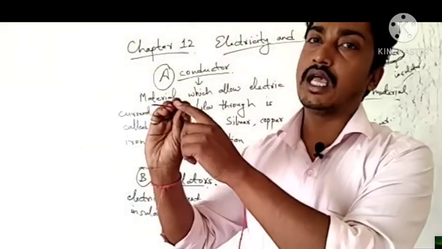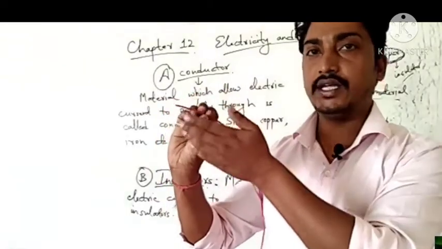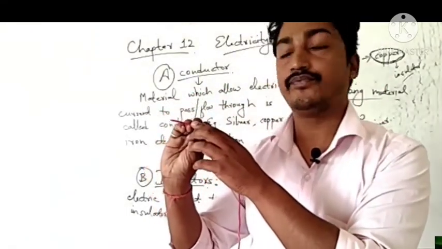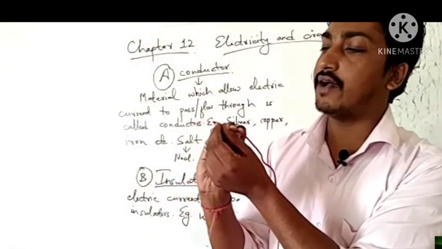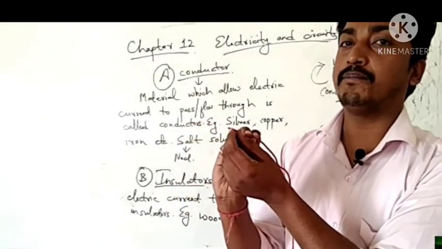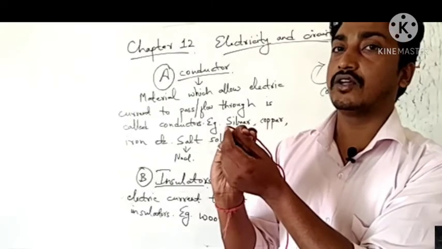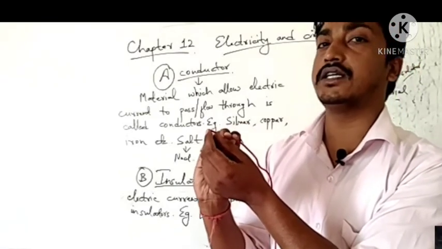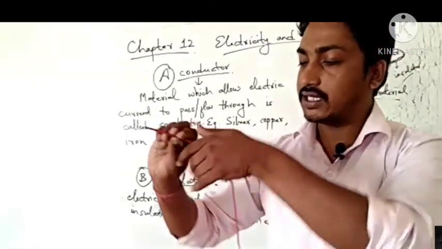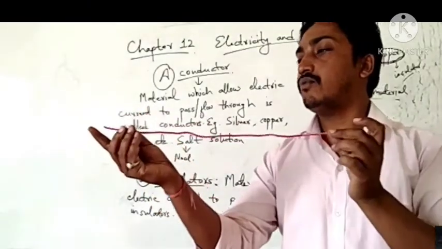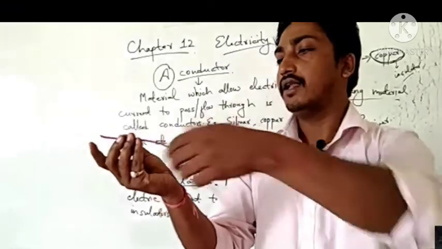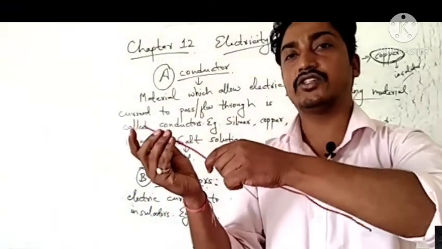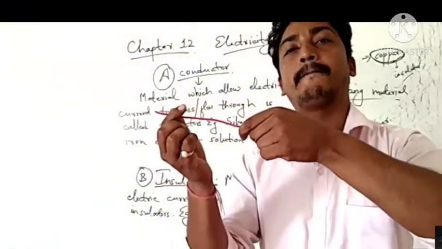Because this plastic coating acts as an insulator, but inside it we have copper, which is a good conductor, and within it electricity flows from one end to another. To protect ourselves from electric shock, the insulators have been used.